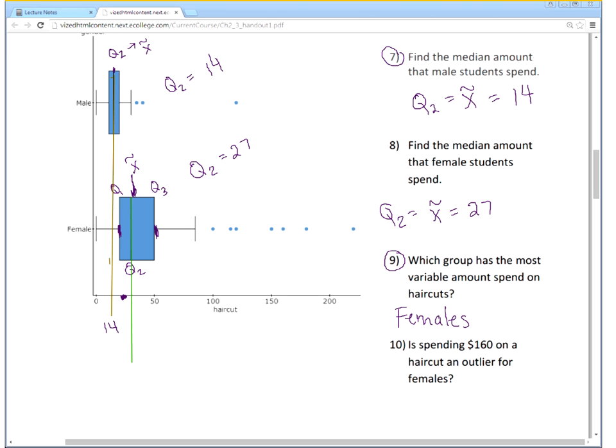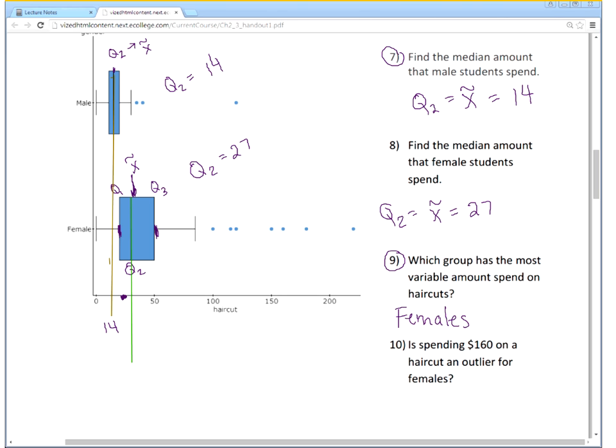What this is saying is that 50% of the female students spend $27 or more on a haircut, while 50% of males spend $14 or more on a haircut, including tip.